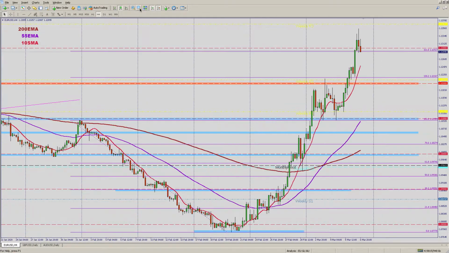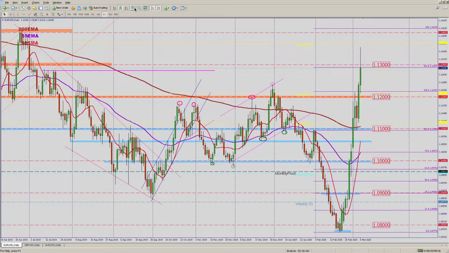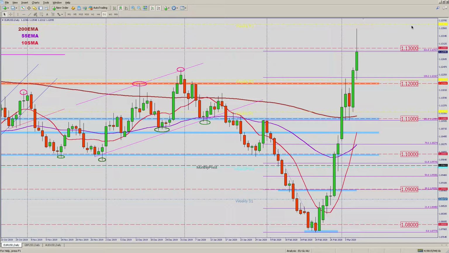Let's take a quick look at the 4-hour time frame. It's only the last few hours of the day that it retraced back, pulled back slightly. This coming week there's no specific key news except for the ECB on Thursday, so that's the key one to watch out for.